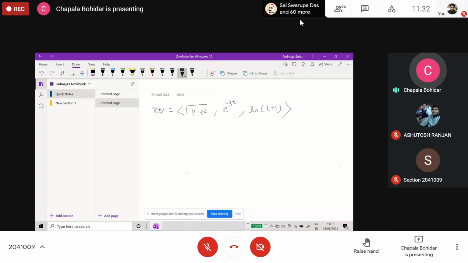At what point does the helix intersect the sphere? The helix equation is r(t) equal to sin t, cos t, t.